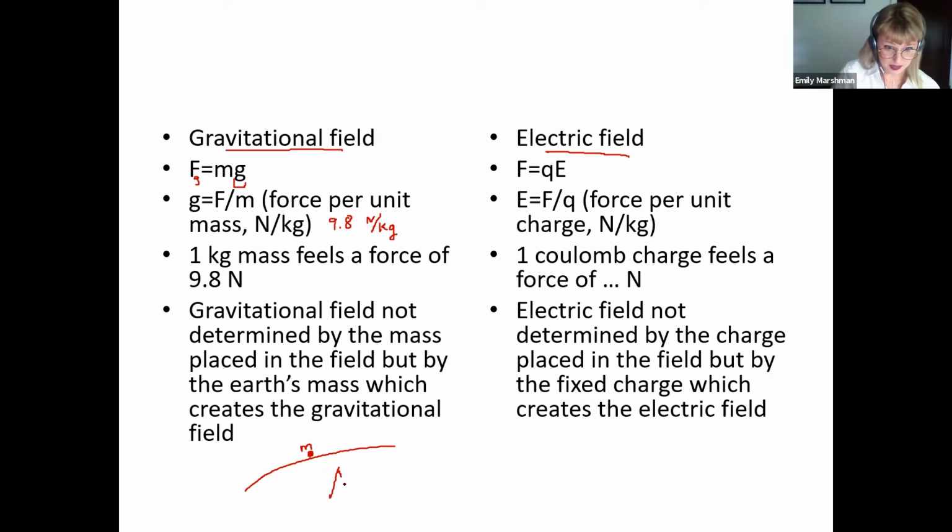It doesn't depend upon what mass I put here. I could put a big mass or a little mass. The mass of the Earth creates the fact that I'm going to feel 9.8 newtons of force for every kilogram when I'm near the surface of the Earth.